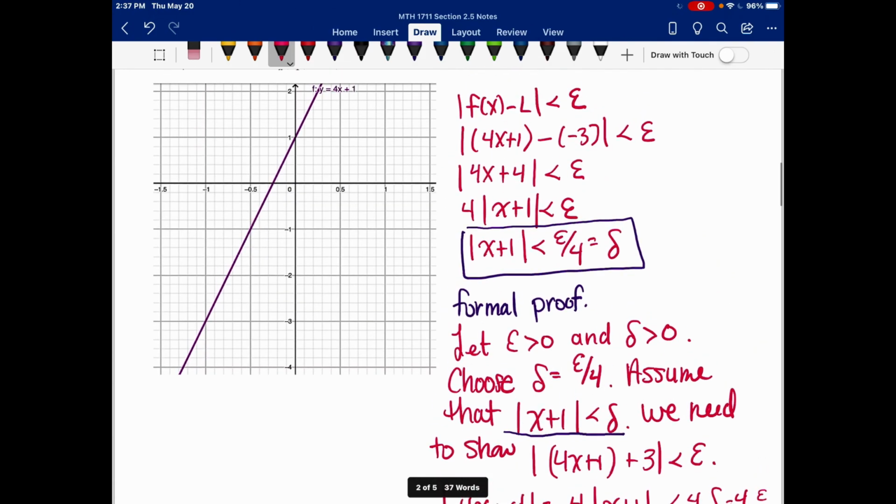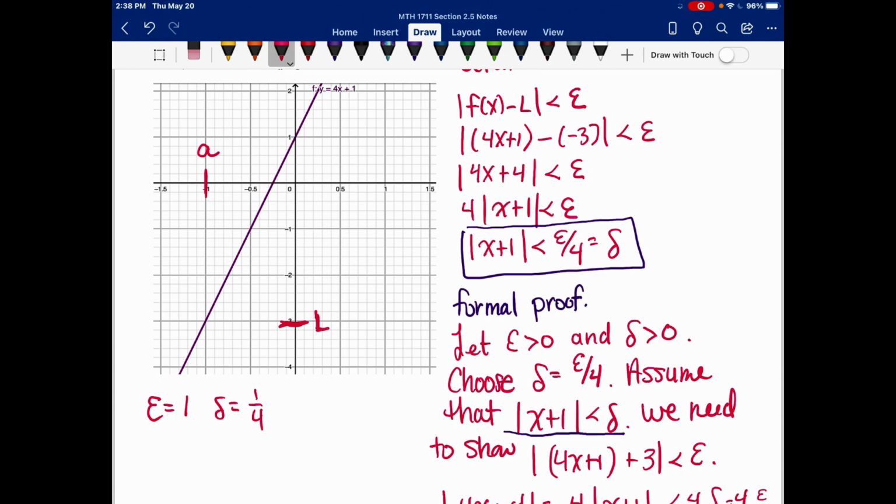We can do a spot check to make sure that what we did makes sense. Let's say I let epsilon be equal to 1, then delta is going to be equal to 1/4. Here's -3, our limit, and we're approaching -1, which is our value of a.